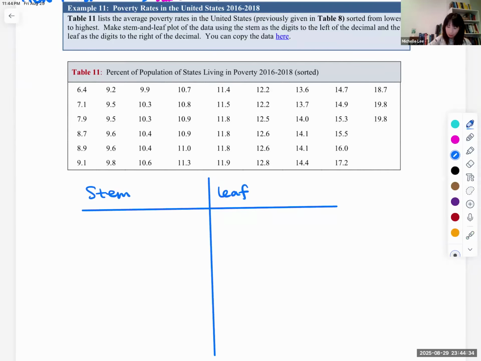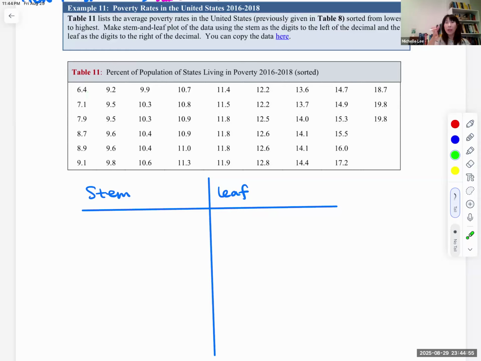Since we talk about the digit, what is the rightmost digit in that case? Let's look at the data here. So the 4 is the rightmost digit, right?